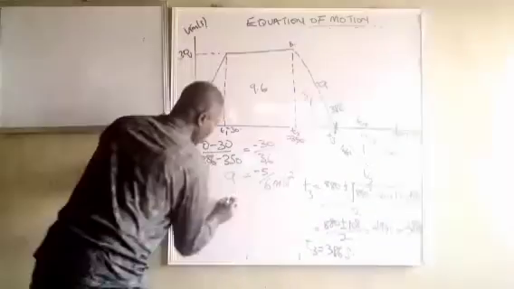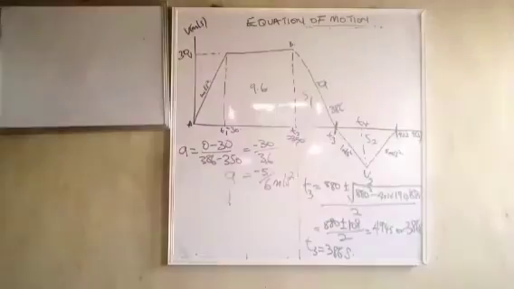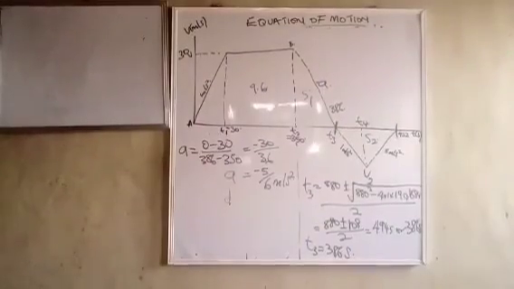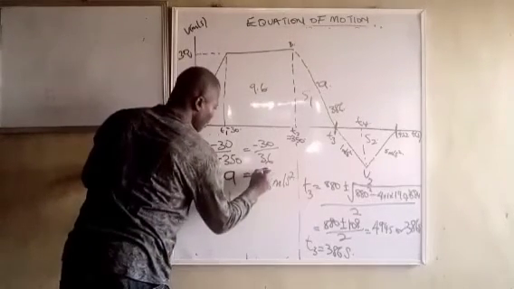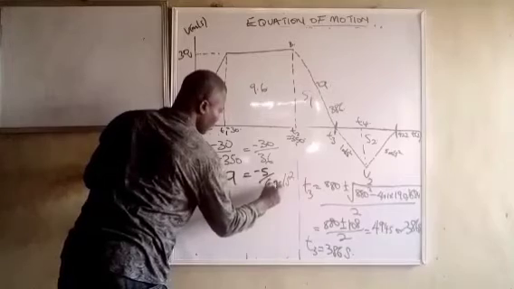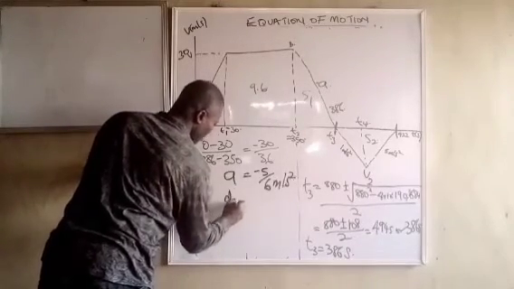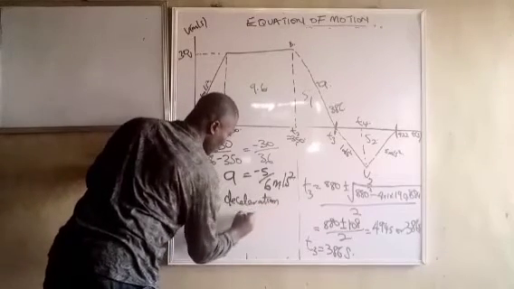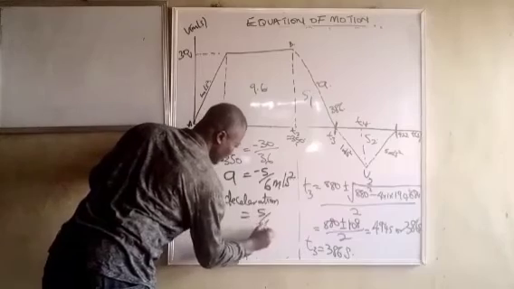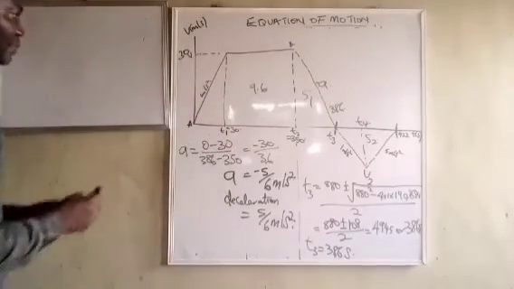That is the A, or if you can say the retardation, the deceleration. So A will be equal to minus 5 over 6 meters per second squared, or if we say the deceleration, it will be equal to 5 over 6 meters per second squared.